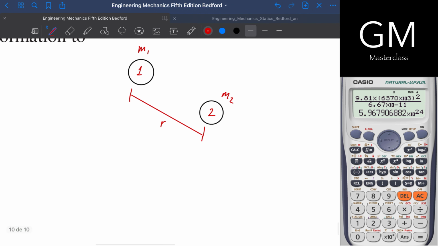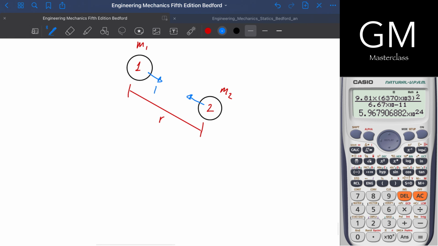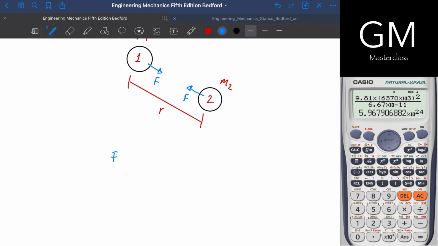So the force that these two particles are going to experience is going to be equal to the constant G that we have already managed, multiplied by m1 by m2 and dividing those two by r to the second power.